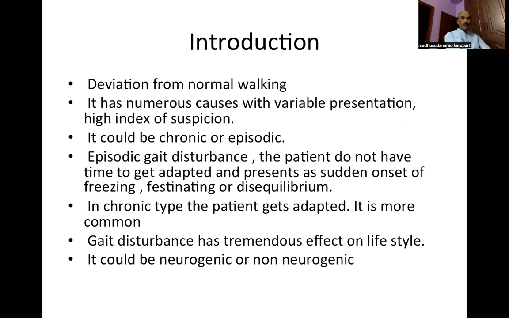Whereas in the acute or episodic type, which occurs all of a sudden, the individual is not adapted to the situation. They present with acute onset of freezing, festinating, or problems of disequilibrium. These situations result in falls and injuries.